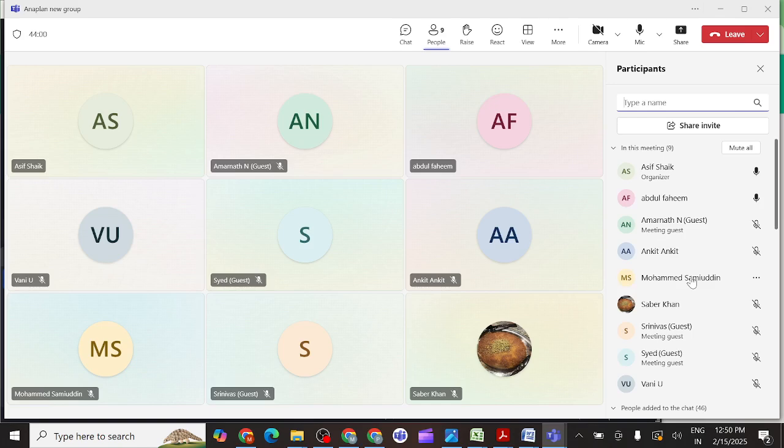So what is the forecasting report? Srinivas, what is the forecasting report? Yeah, forecasting report is nothing but a future estimation based on the present actual data. It is short-term planning.